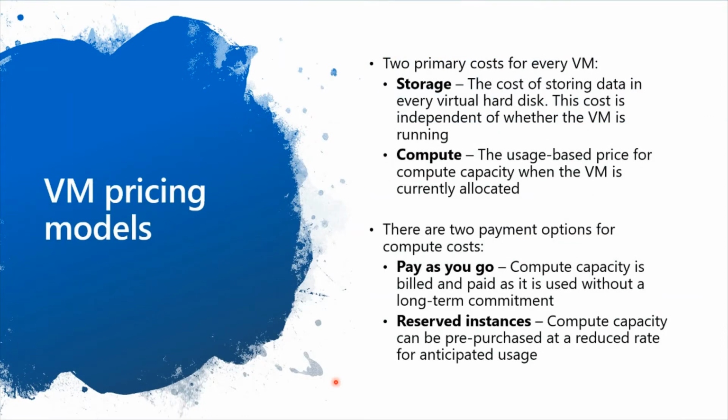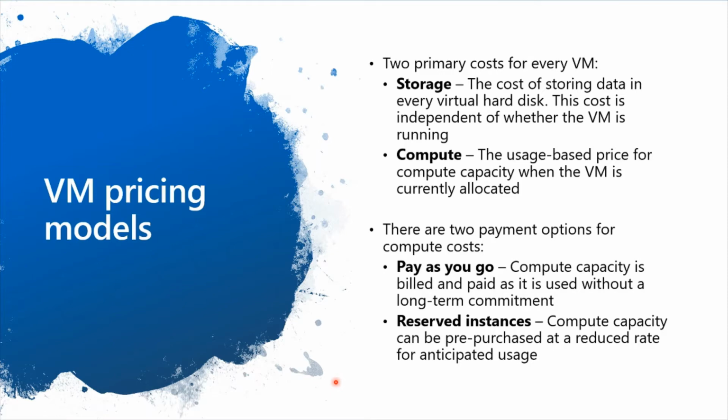And VM pricing models: for pricing you have two options, pay as you go and reserved instances. But pricing also depends on your storage and compute power. There are two primary costs for virtual machines: the storage, the cost of storing data on every virtual machine hard disk. This cost is independent of whether the VM is running or not.